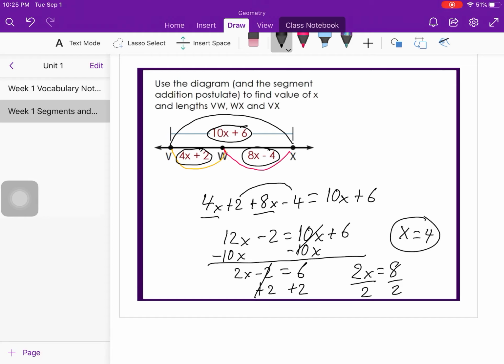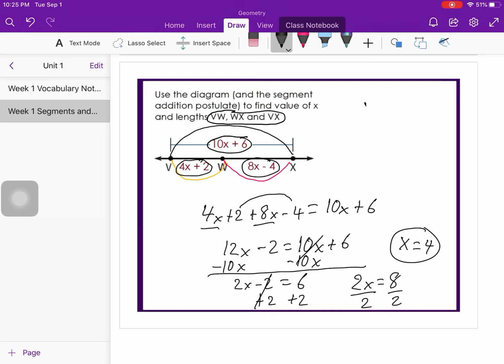This is another thing you'll have to get used to with geometry. A lot of the times we're going to solve for a variable, but then we have to plug it back in. So I figured out that x is equal to 4, but I need to figure out what these lengths are right here, VW, WX, and VX. To figure out the lengths, which is the number value, I need to plug 4 back in.